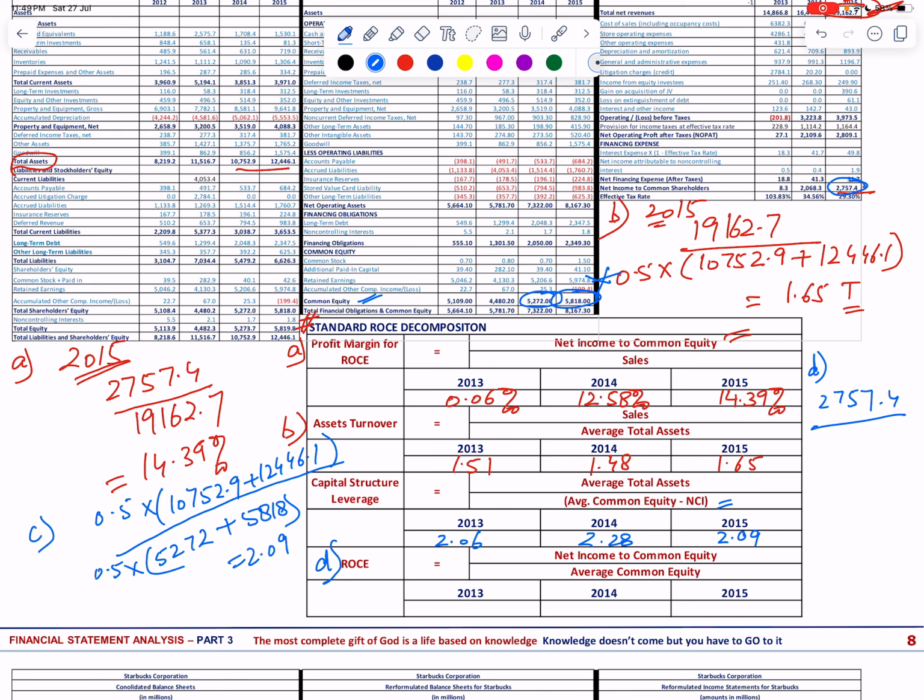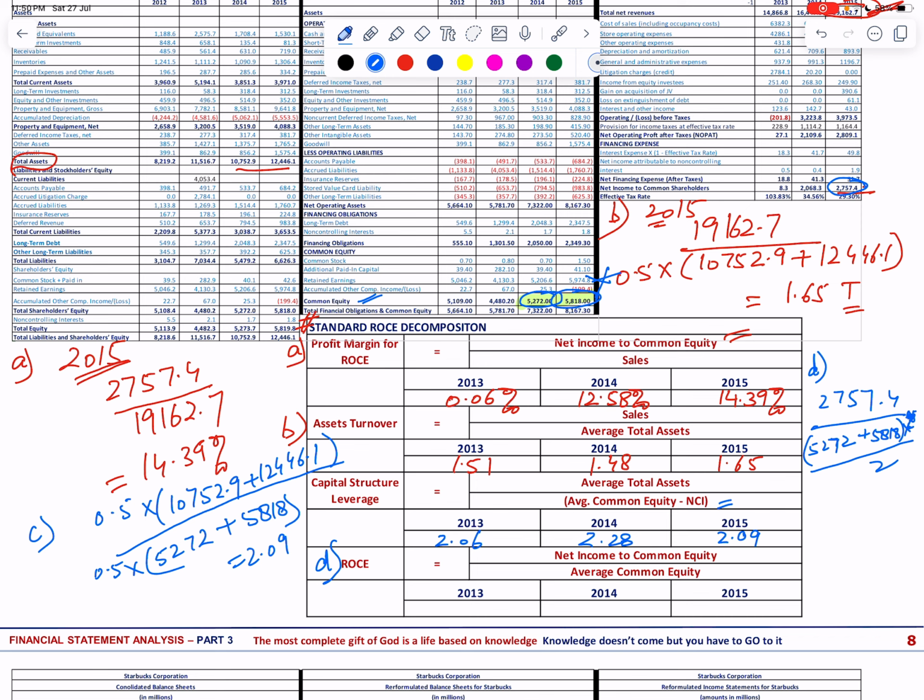We have that is 5272 plus 5818, and this will be multiplied by 0.5, or you can just divide by 2, it makes the same.